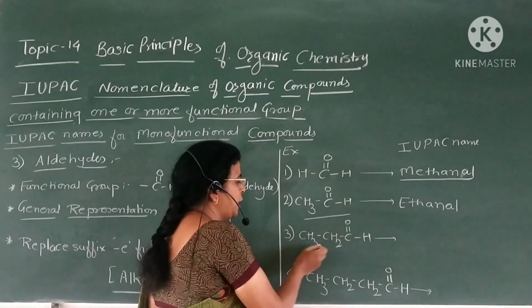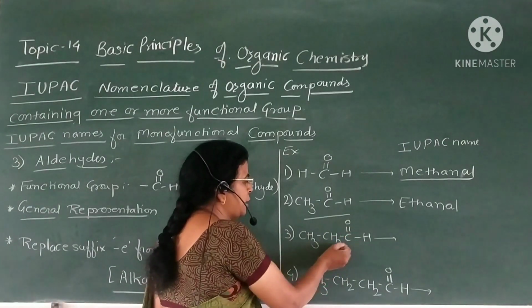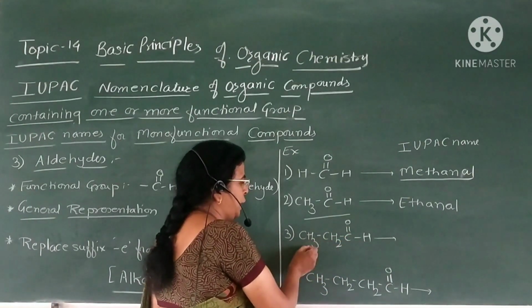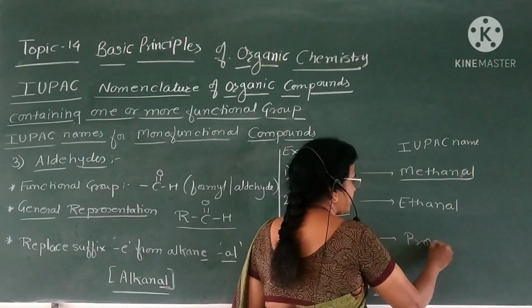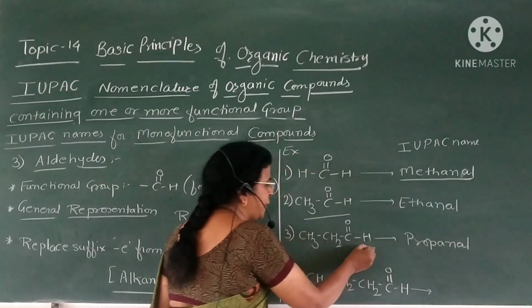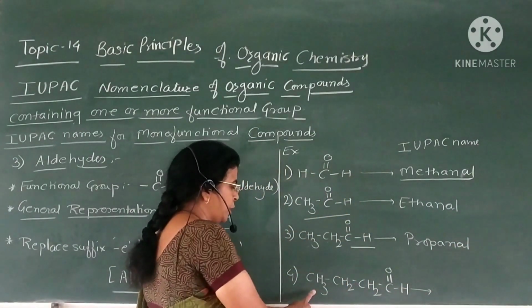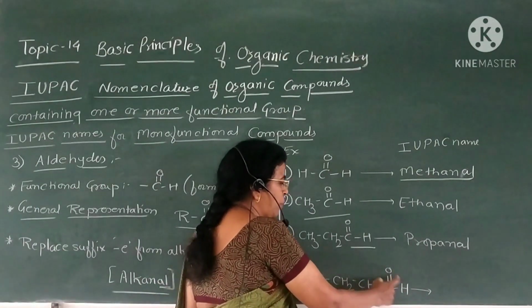Then third one, CH3, CH2, C double bond OH. Now there are 3 carbon atoms, 1, 2, 3. Therefore the parent alkane becomes propane, and replace E from propane by Al due to the presence of this aldehyde group. Then last one, CH3, CH2, CH2, C double bond OH.